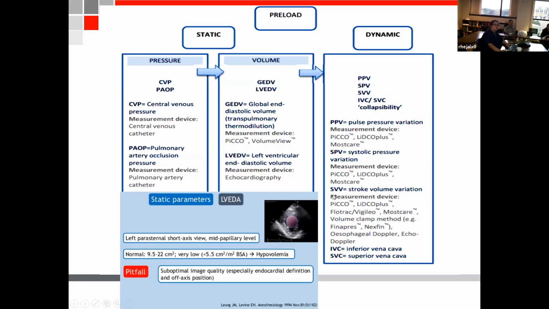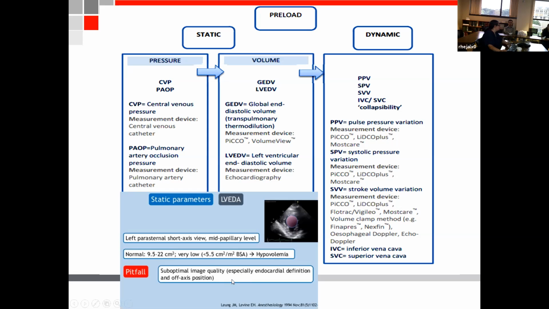There's the capacity of measuring stroke volume variation, which I will talk about, and then IVC or SVC collapsibility index. When you are looking at an echo by itself, there are certain measurements that you can make at the left parasternal short axis view and at the mid papillary level by calculating that circle that you have, like the area of the circle can correlate with how good your preload is.